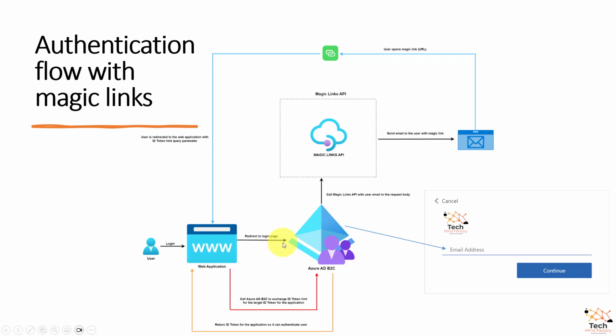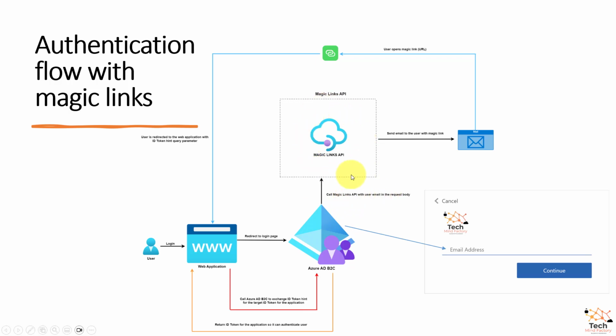The user is redirected to the Azure AD B2C authorization endpoint, so the user sees the login page. On the login page, the user selects authentication with magic links. In this specific process, the user has to provide the email address. Once the email address is provided and the user clicks the continue button, Azure AD B2C underneath calls the magic links API with the user email in the request body.